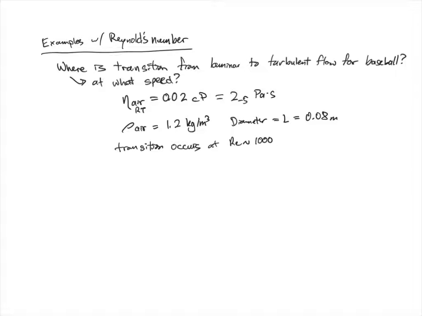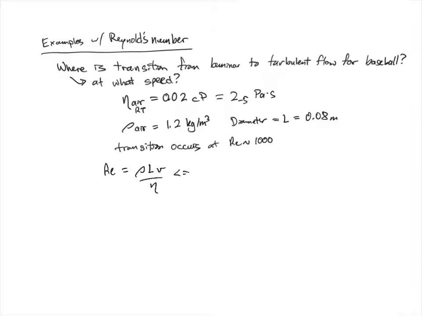If the Reynolds number is less than 100, it's laminar flow. If it's more than about 10,000, it's turbulent flow. So we'll take the geometric average and say that, very roughly speaking, the transition occurs at a Reynolds number of about 1,000. Recall that the Reynolds number is defined to be rho LV over the viscosity, eta.